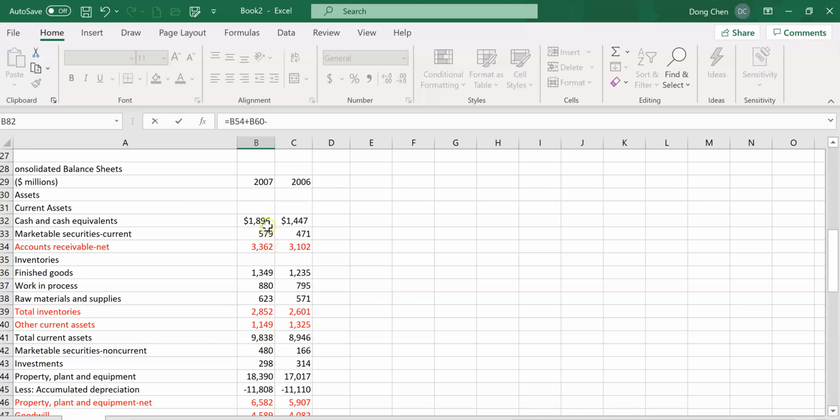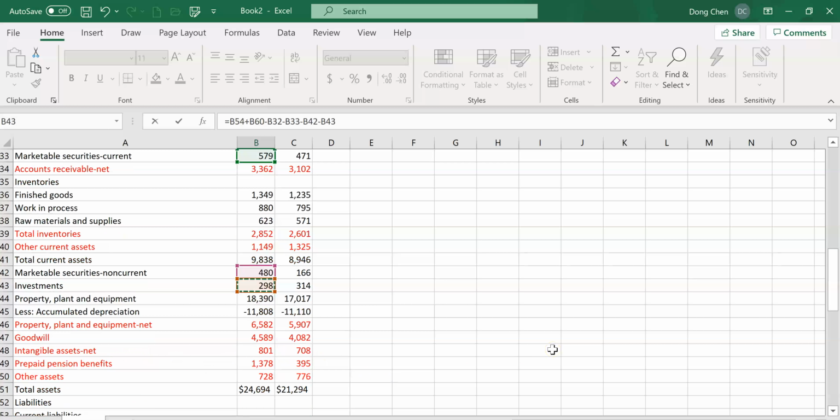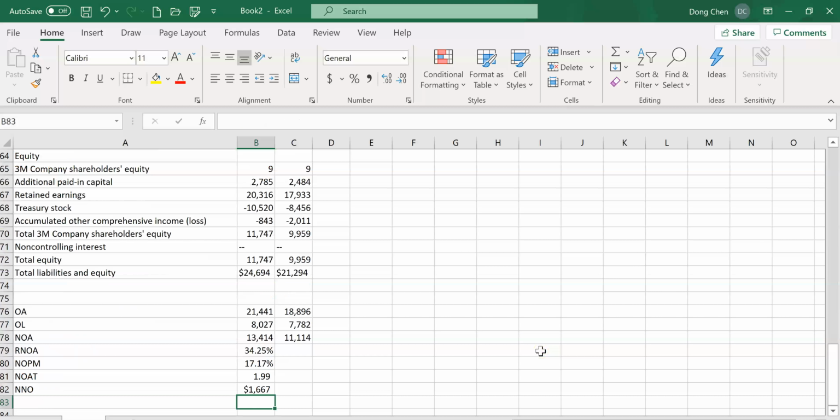So we start from the cash, and then marketable securities, and then we should, I guess, also include this marketable securities non-current, and this investments. I guess that's all. Yeah. So this is basically my N&O. So then copy the number back.